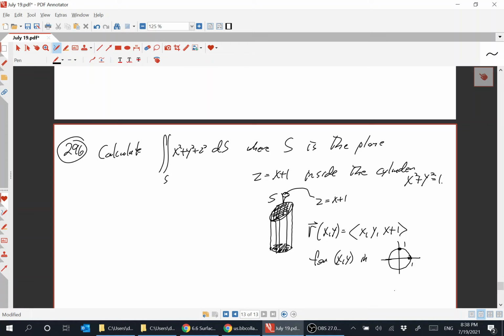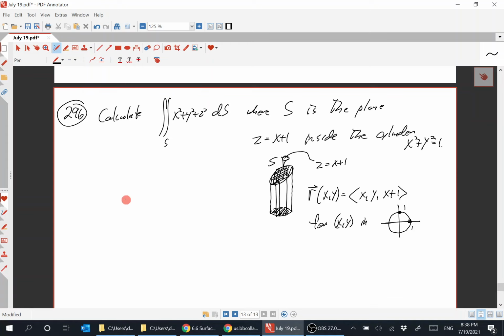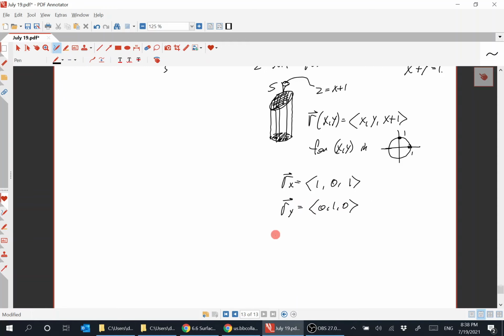They do the part of the plane inside the surface. All right, so that's the parameterization. Of course, we need these partial derivatives. Partial derivative of r with respect to x, partial derivative of r with respect to y, 0, 1, 0. We need the length of the cross product. So first we've got to do the cross product.